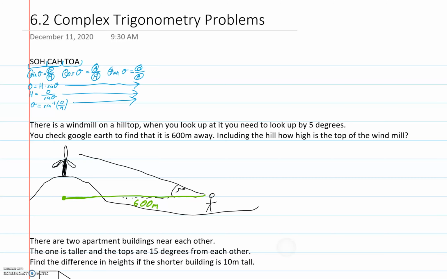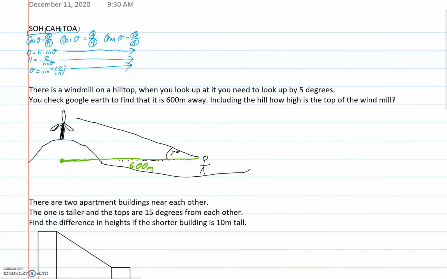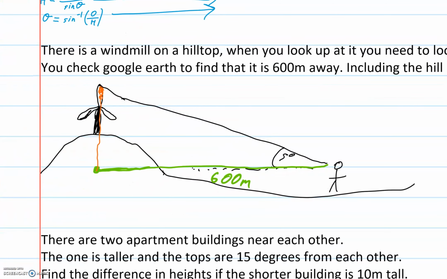Okay, so there are 3 steps. Let's first write down: how high is the top of the windmill? So we want, including the hill, from there till there, or whenever the angle stops, right? How high is this? This is what we're looking for. There are 3 steps that you always need to take in one of these types of questions.